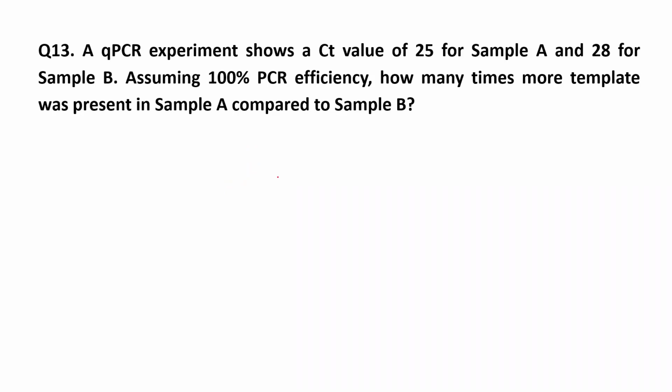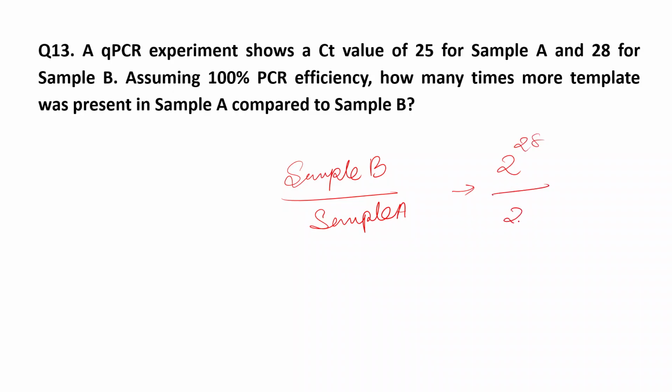So essentially what you have to find is the difference between sample B and sample A. For sample B the cycle number was 28, and for sample A it was 25. So we will do 28 minus 25, and what you get is 2 to the power 3.